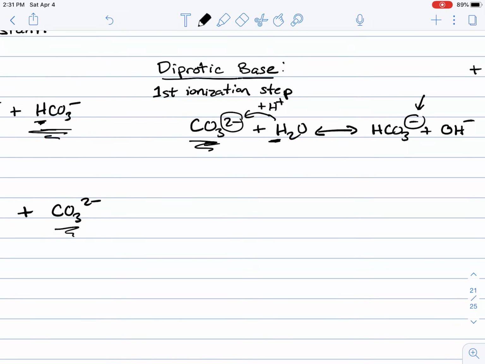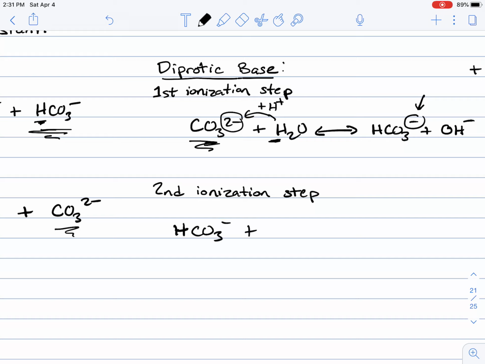Now, since the product bicarbonate still has an extra lone pair, it can undergo a second ionization step. Okay. And so here we have HCO3, -1.